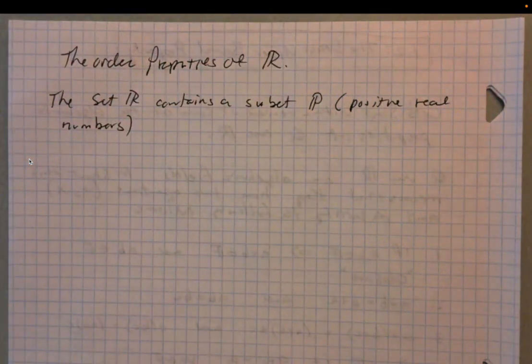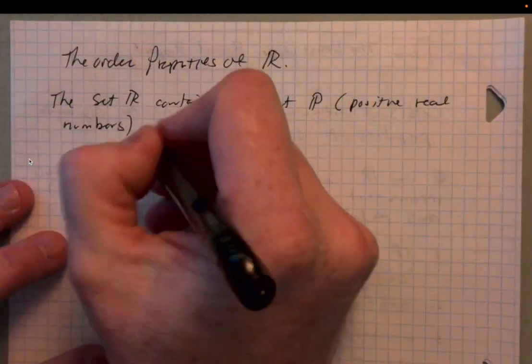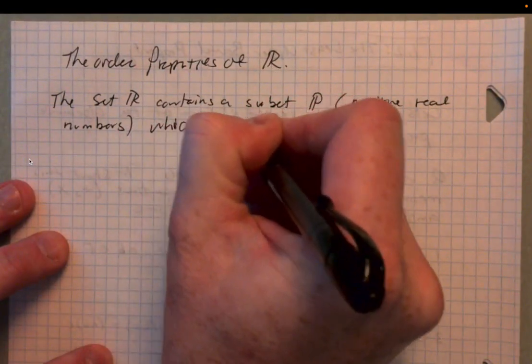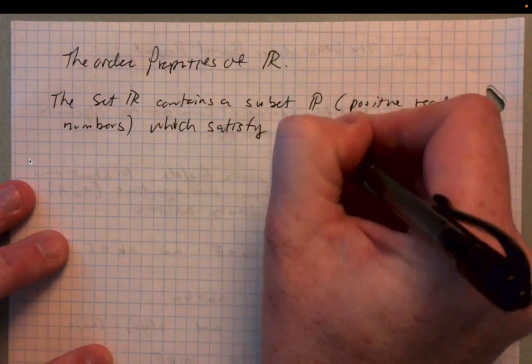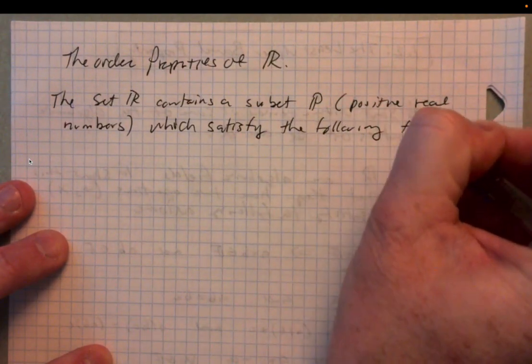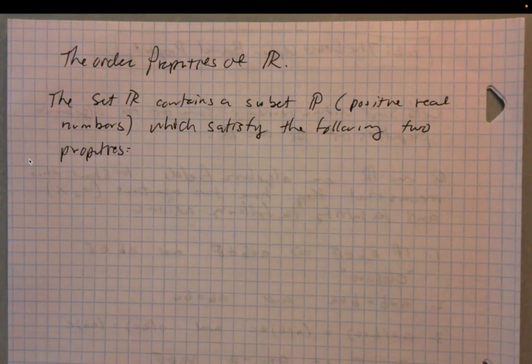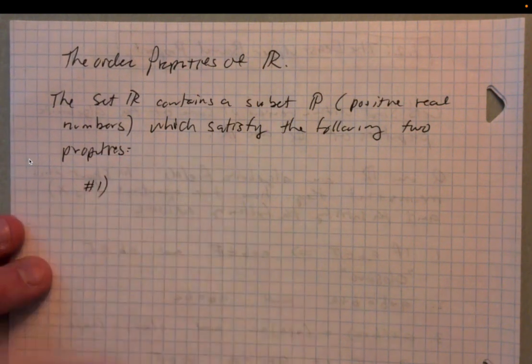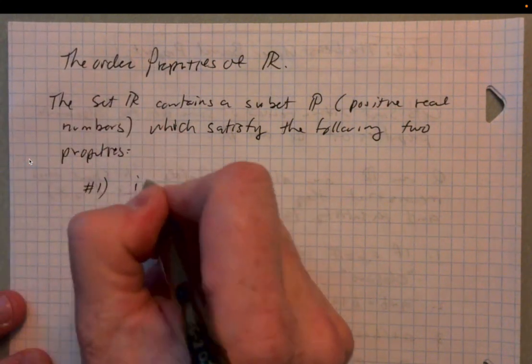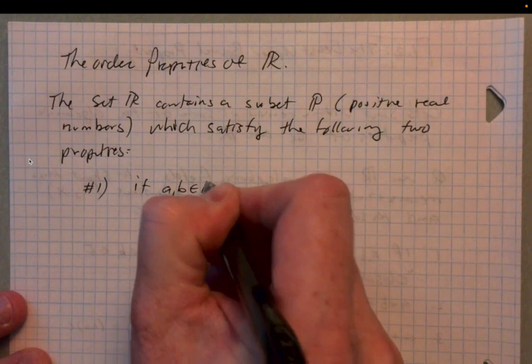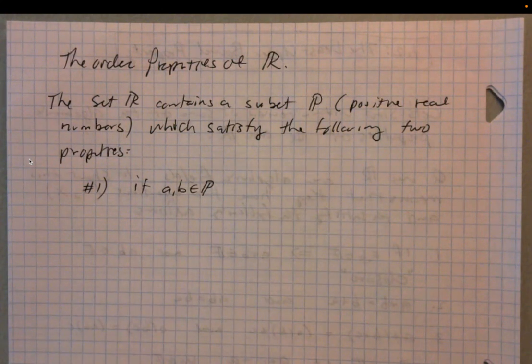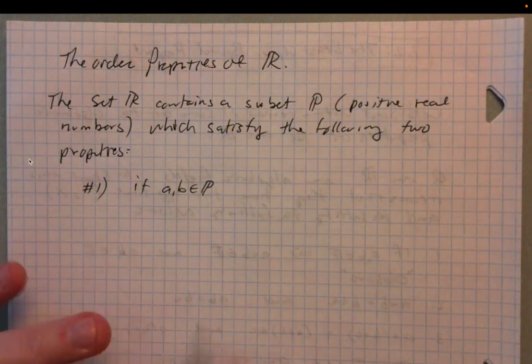Okay, so the set R contains a subset P, the positive real numbers, which satisfy the following 2 properties. The first one is that if A and B are in P, so if A and B are positive real numbers, then the sum of A and B and the product of A and B are also positive real numbers.